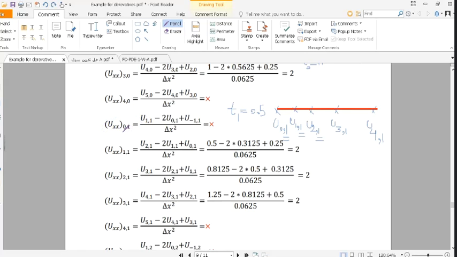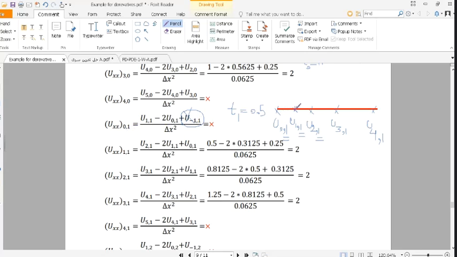For UXX at 0 and 1, we should use the next point, the same point, and the previous point. For the first point on this line, we do not have the previous point, because we do not have U with the indexes -1 and 1. So we cannot compute UXX at 0 and 1 by using the symmetric finite difference.